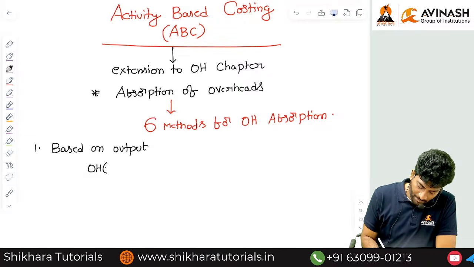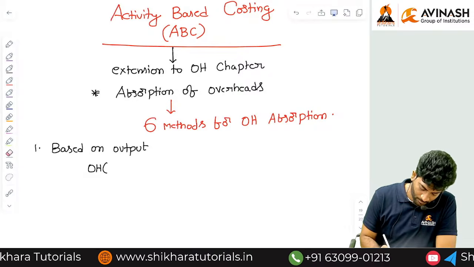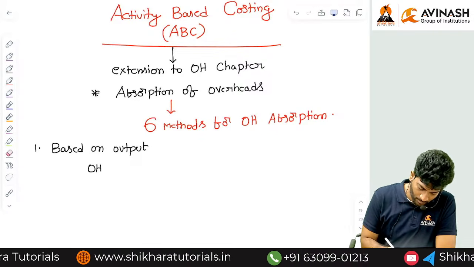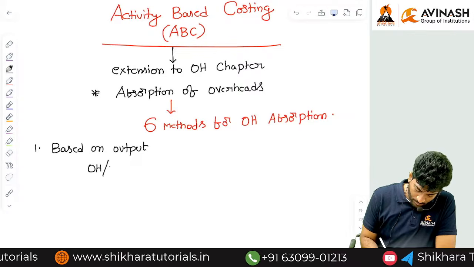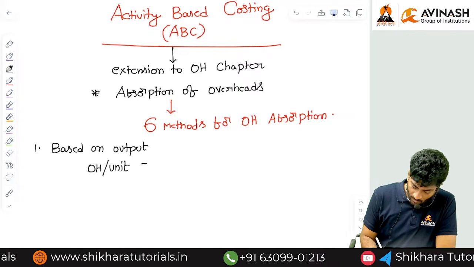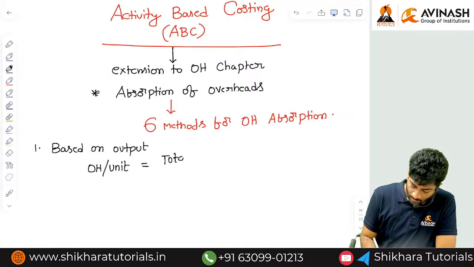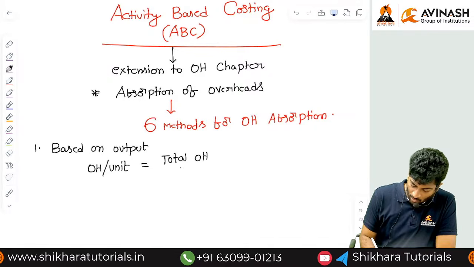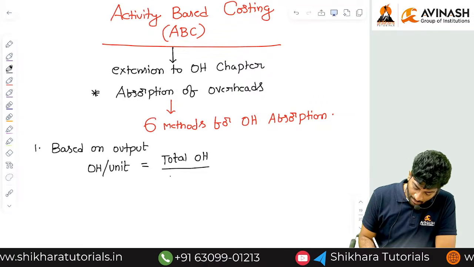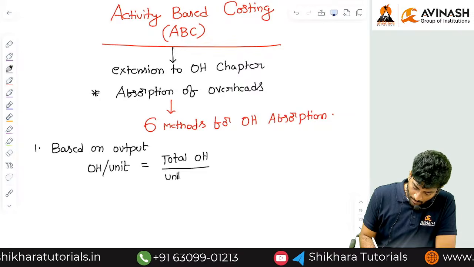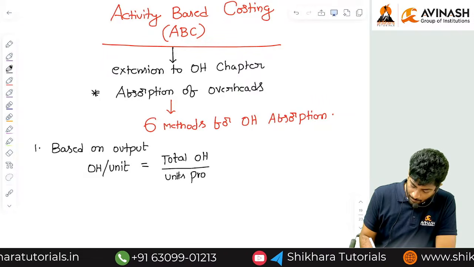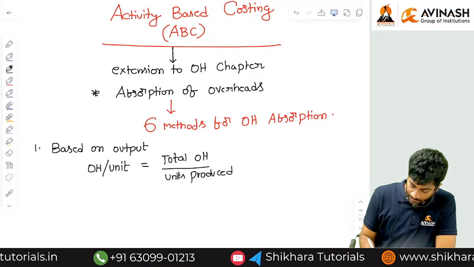Overhead per unit is equal to total overhead divided by units produced.